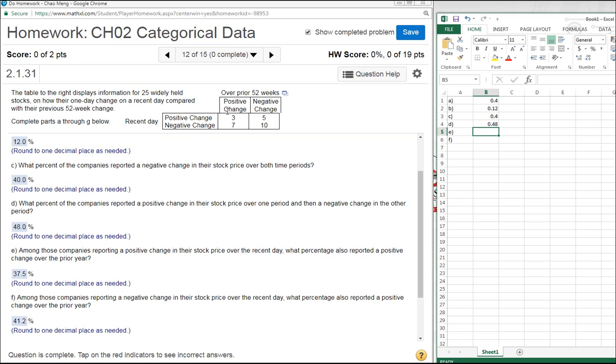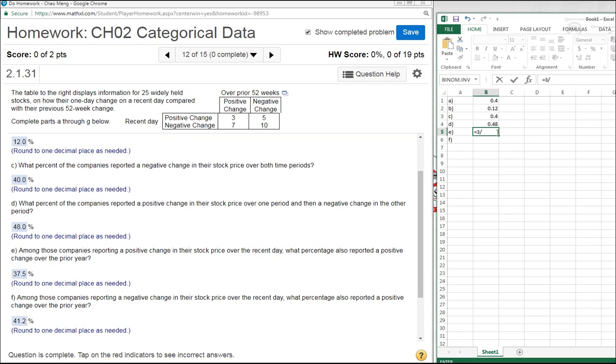Among those companies, how many reported a positive change in the prior 52 weeks? That's going to be 3. In the calculation, we have 3 companies divided by, again, we are only looking at the first row. The first row contains 3 plus 5 companies.